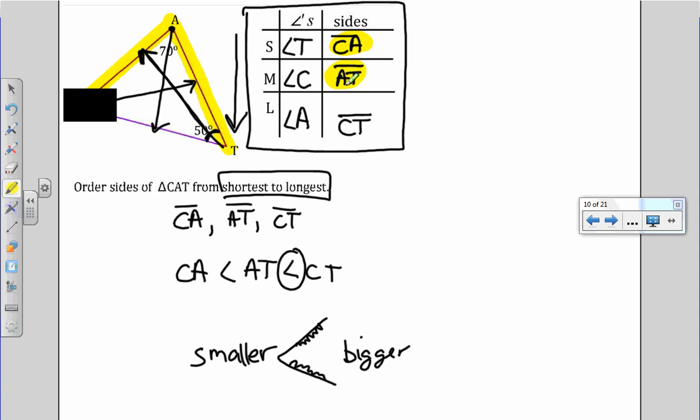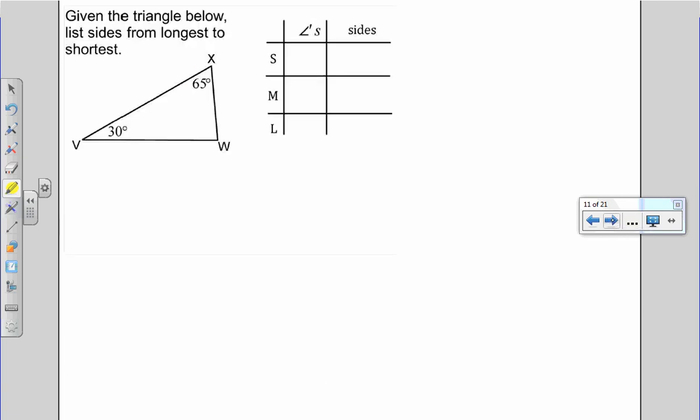That's where I'm getting this from. Lastly, if you cover up the largest one, A, I can only see side CT now. It's the biggest. So you can either use the cover-up method, or you can draw arrows from your vertex to the opposite side. We're going to practice this a lot, so don't worry.